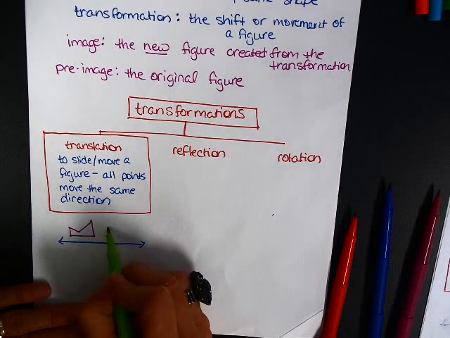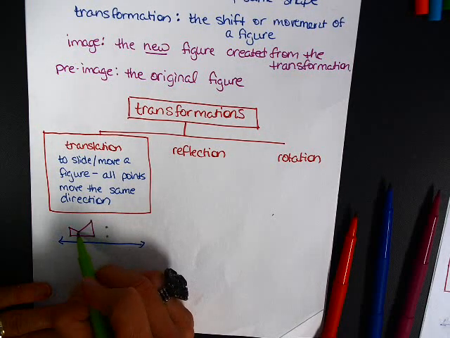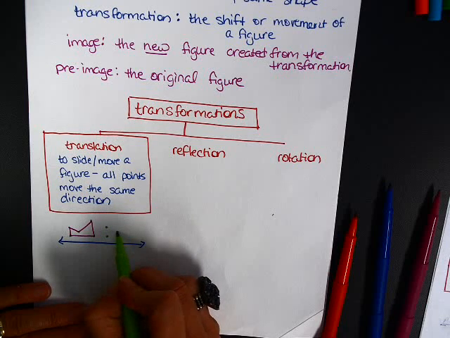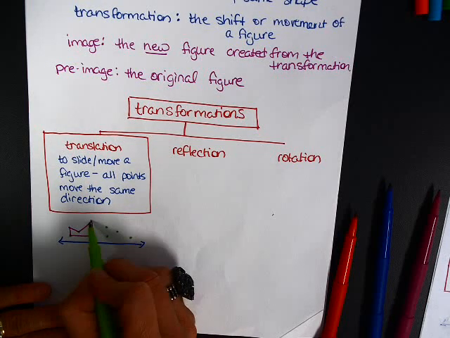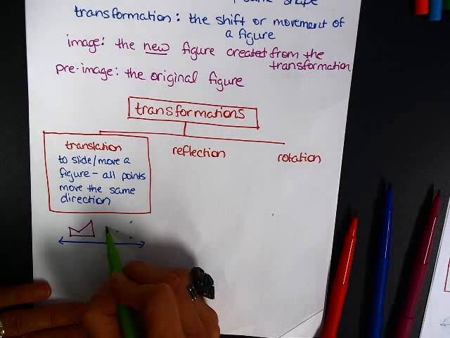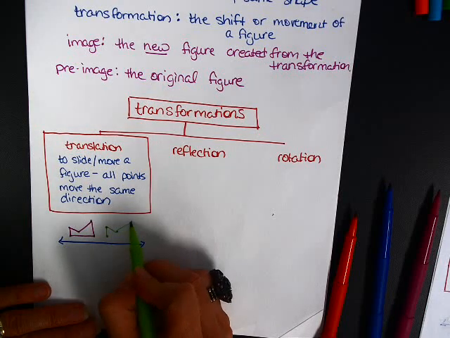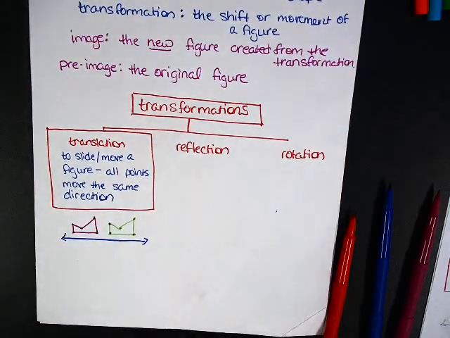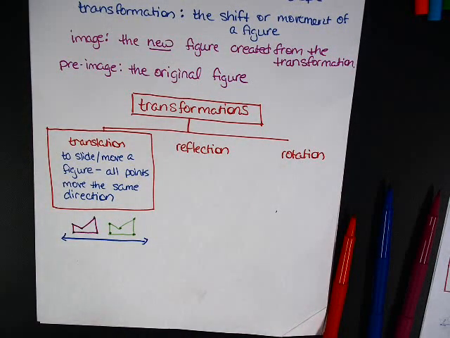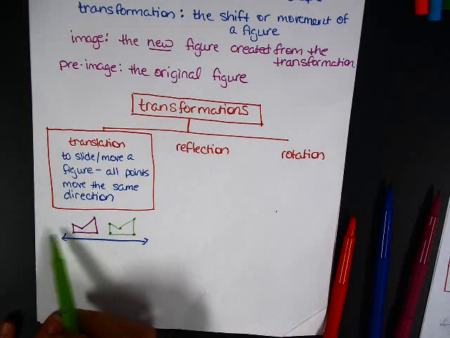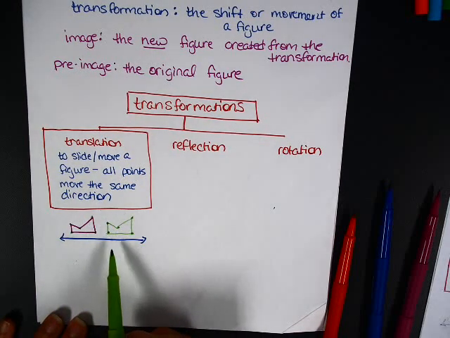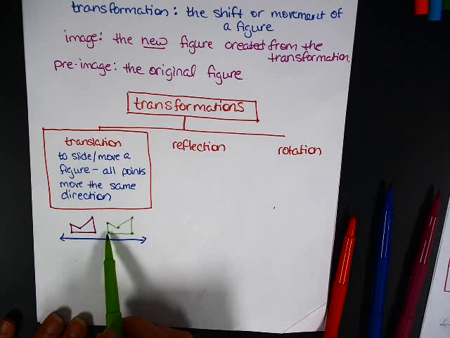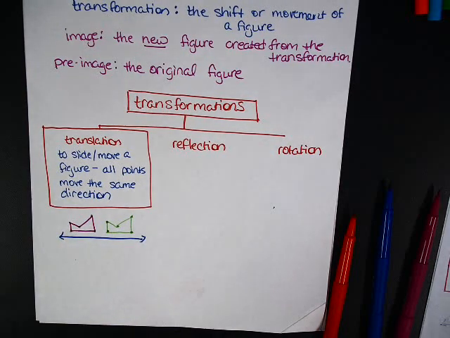And this would be right here. This one would be right down here. This one would be right over here. And this top one would be right up here. So that when I connected my points, I would have the same size, the same shape. Now we can move it left or right or up and down, but all of the points move the same direction, the same number of units.